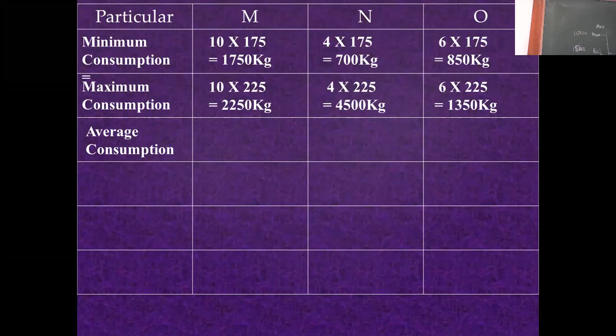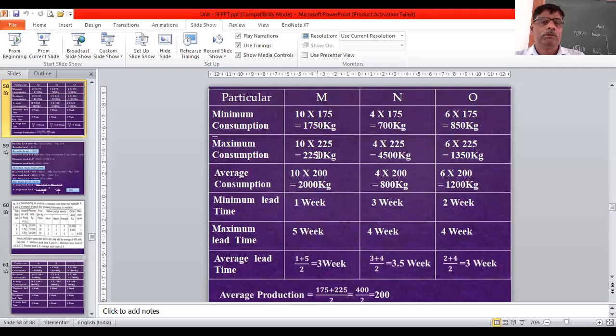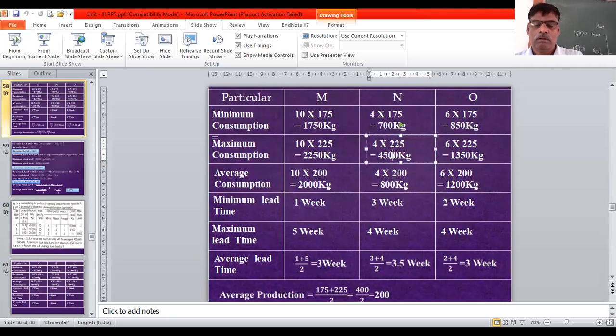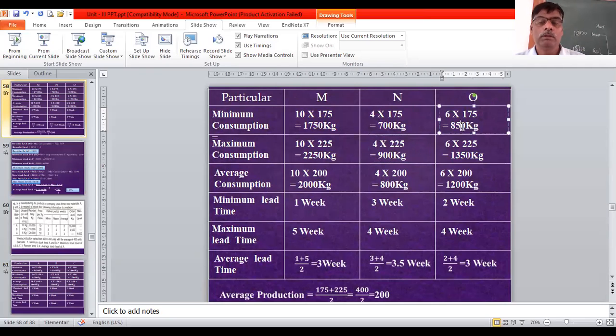4 into 225 is equal to 900. First row, third column, 1050.